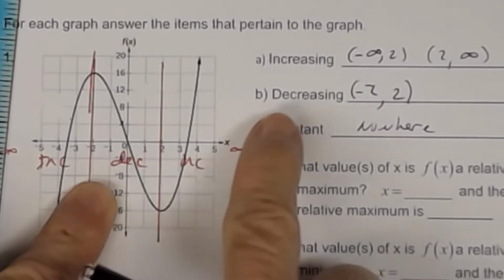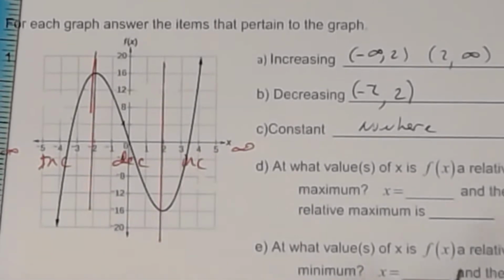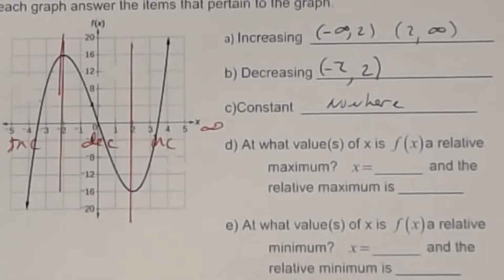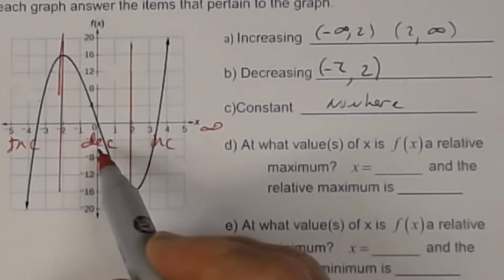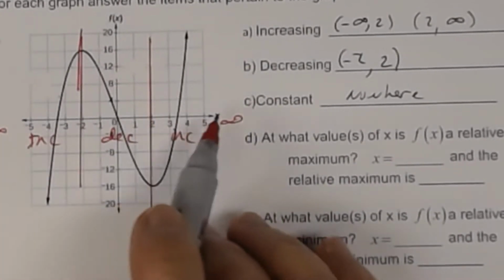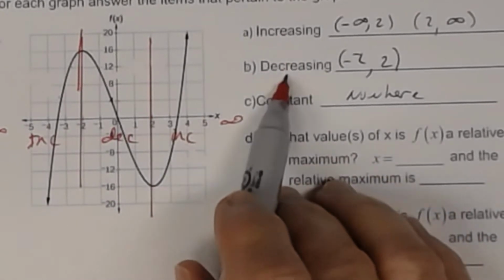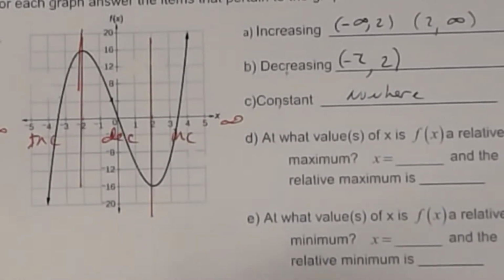Sometimes it does help to use a color to break down the x-axis into those intervals where your y values are increasing, decreasing, and constant.